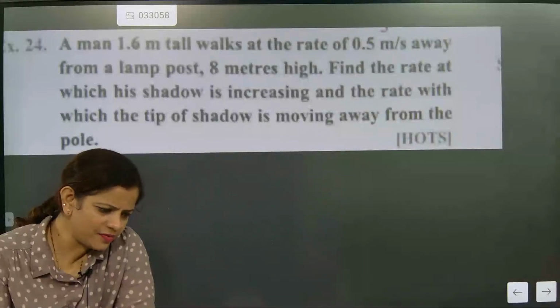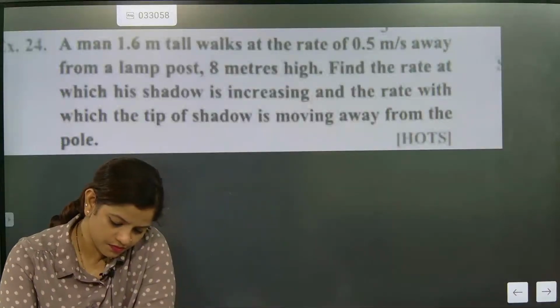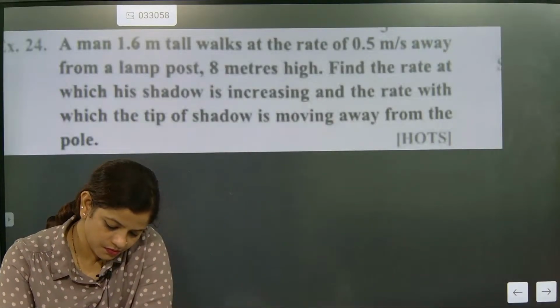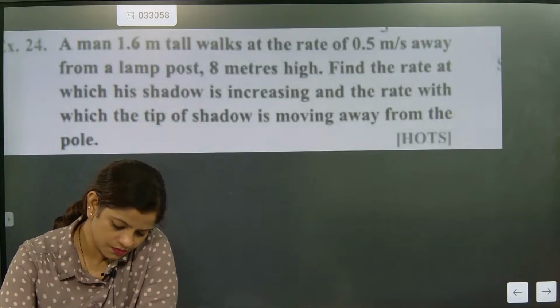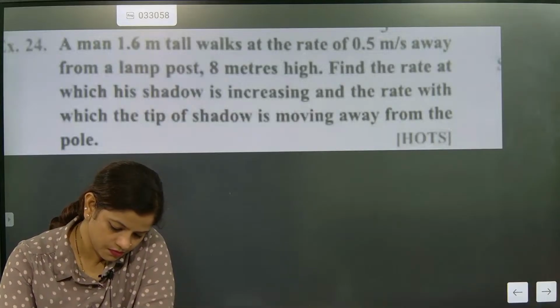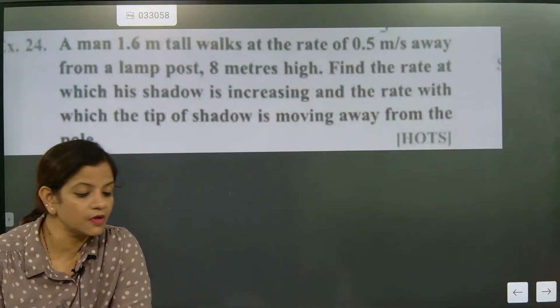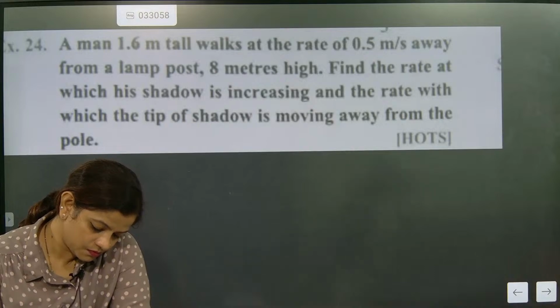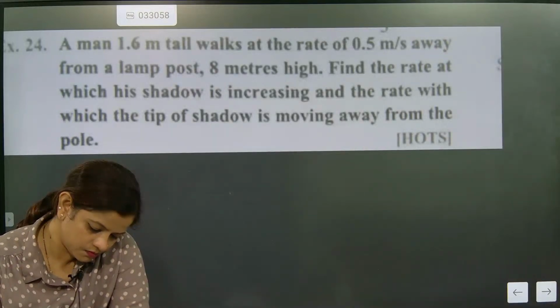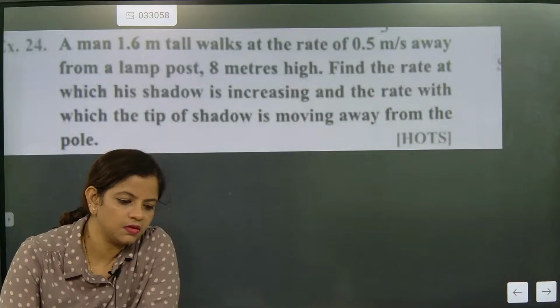I gave enough time here. Solve and show.